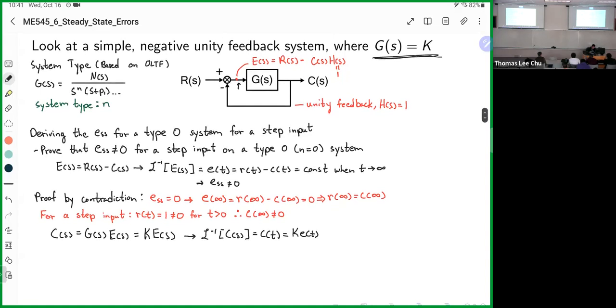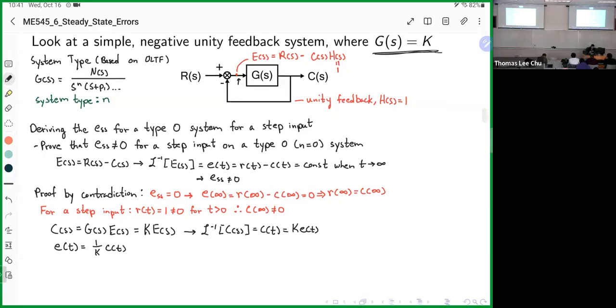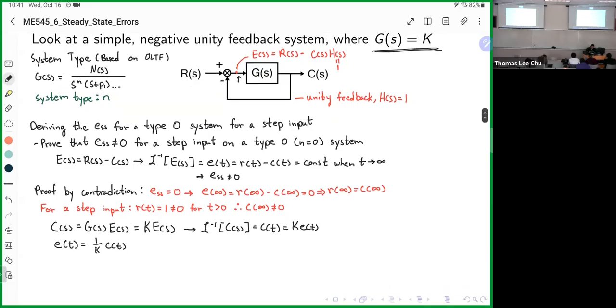So then we get this relationship where we can just rearrange. We want error as the expression on the left side. We get error is equal to 1 over k times c of t. So we're saying that error is equal to 1 over k multiplied by the output. Hopefully you can start to see where the contradiction will occur.